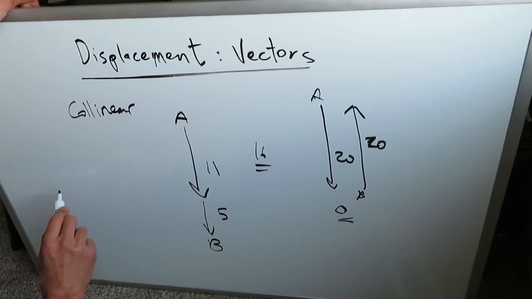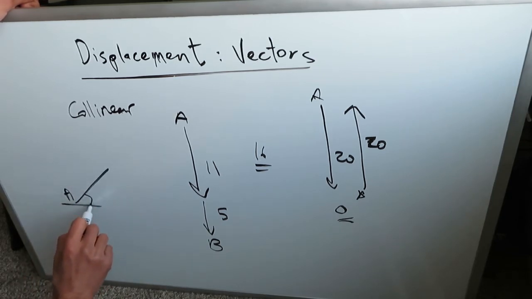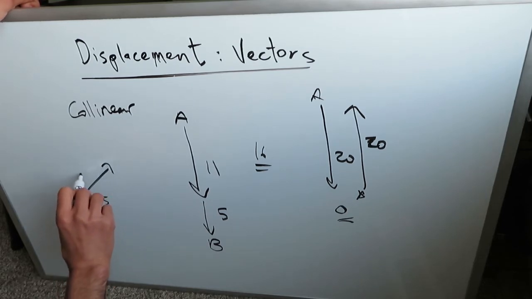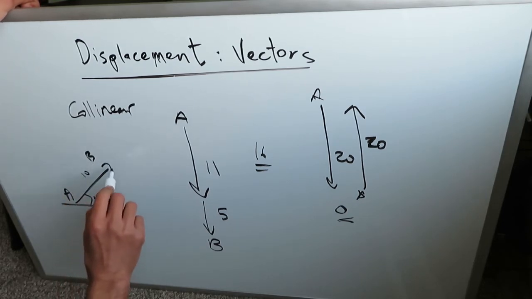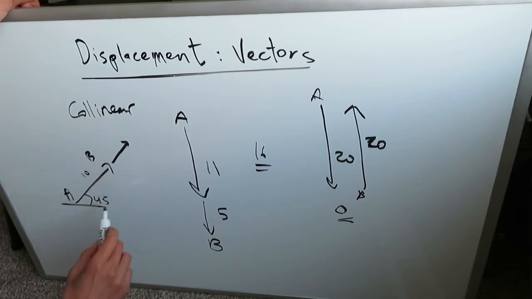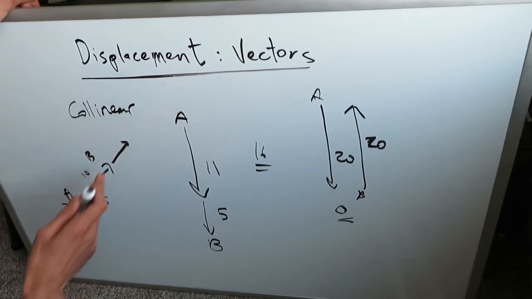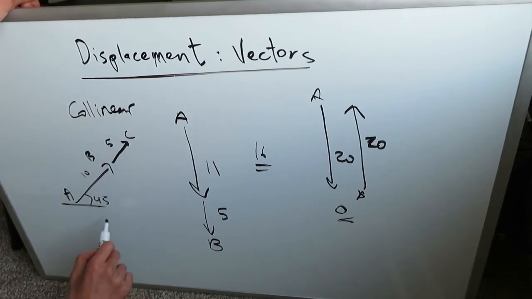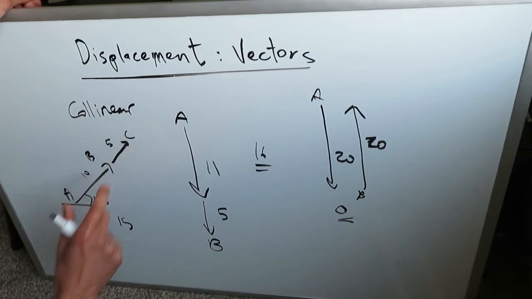Look over here at this example. If you walk at a 45-degree angle with reference to the horizontal, you walk to point B for 10 miles. And then you walk again in the same direction, 45 degrees, another 5 miles to point C. Here your total displacement is still 10 plus 5, 15, because these again are collinear lines.